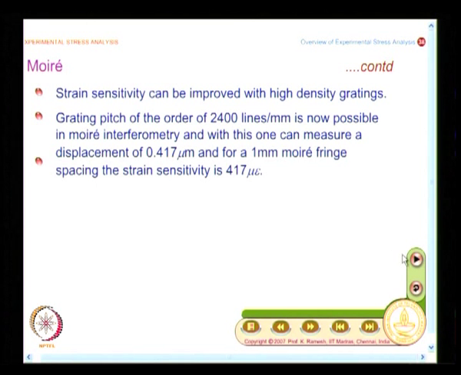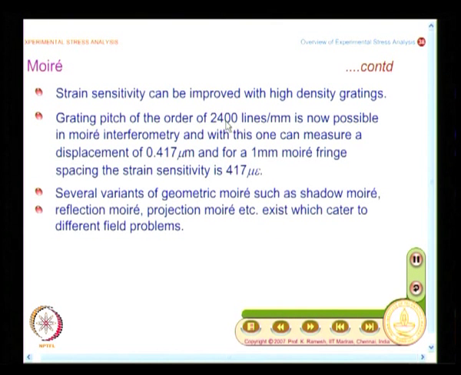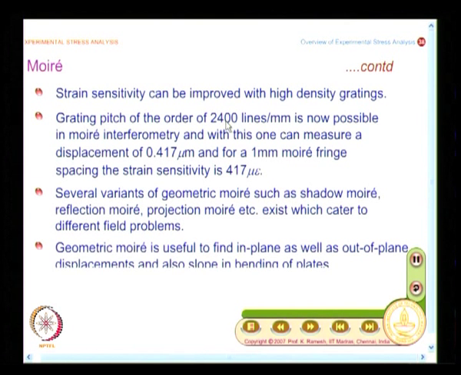So, what you find here is the grating pitch of this high order has been used, and like I said, you have various photoelastic methods. I have geometric moire, that is what you had seen in some of those simple examples.